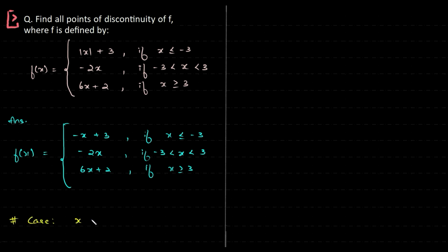Case for c belonging to R and c less than minus 3. So what do we have? We have limit as x extends to c of f of x, which is equal to limit as x extends to c of the expression minus x plus 3, and this is equal to minus c plus 3.